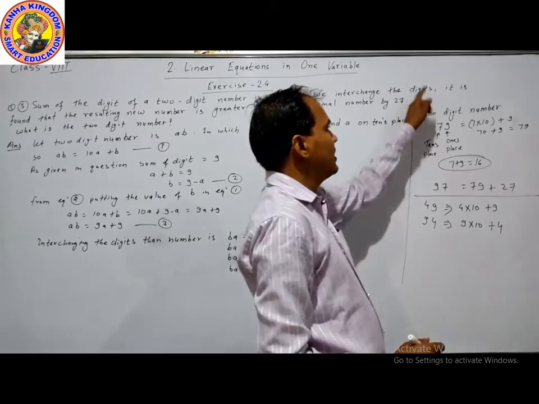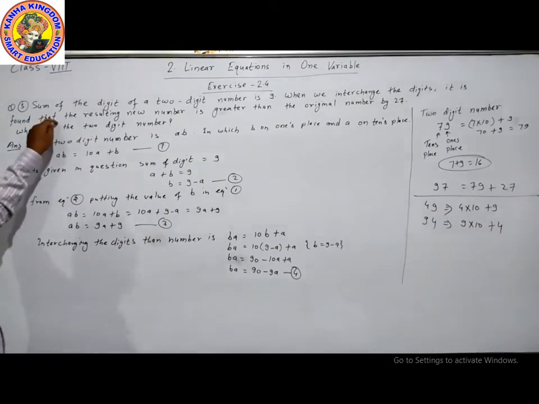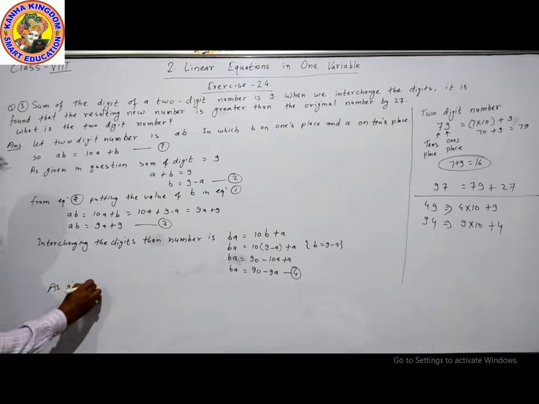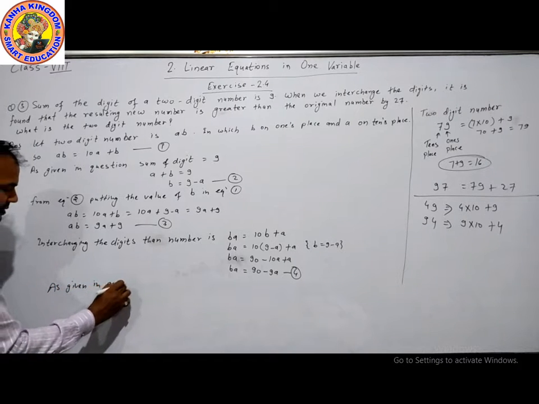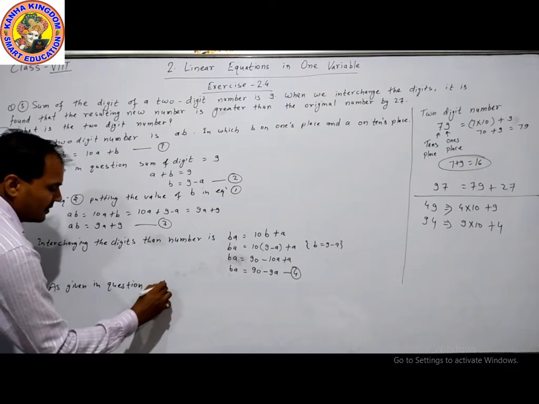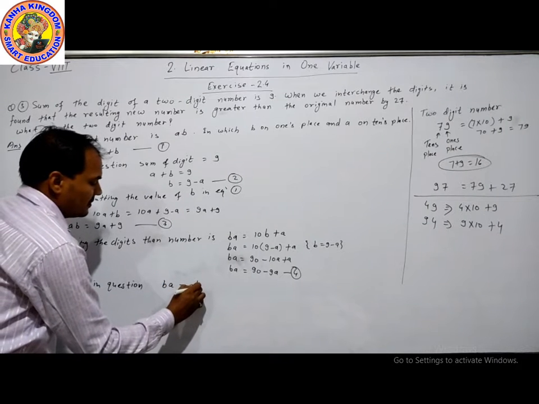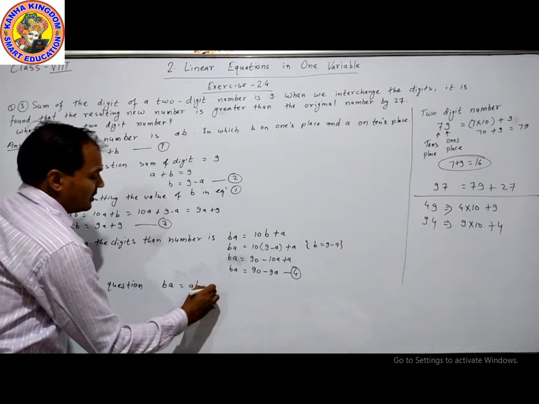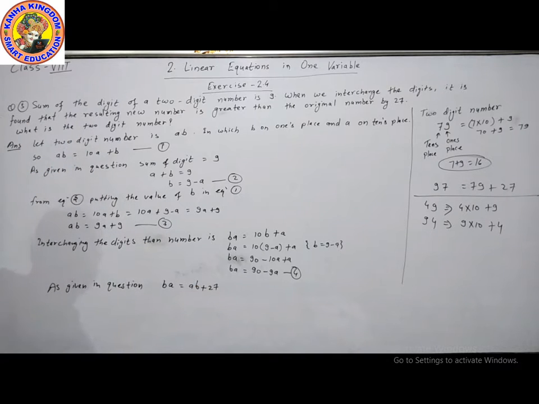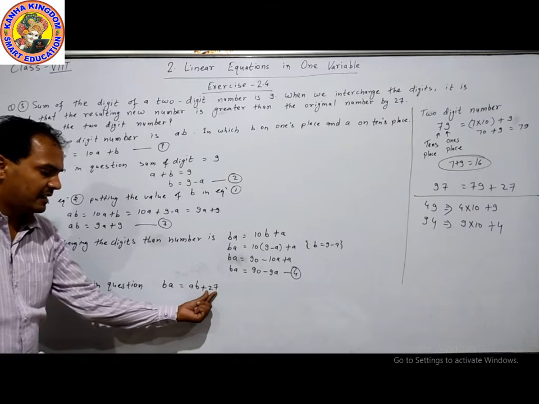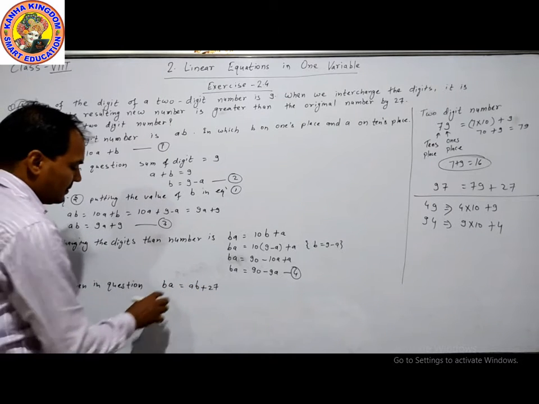When we interchange the digits, it is found that the resulting new number is greater than the original number by 27. This is given in the question. By interchanging, the new number is greater than the original number by 27.